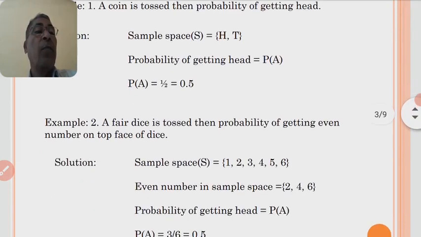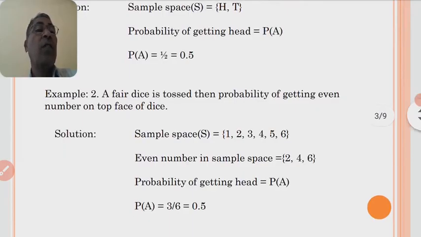The second example is of tossing a dice. A fair dice is tossed, then find the probability of getting an even number on the top face of the dice.